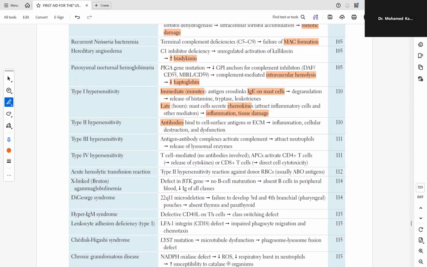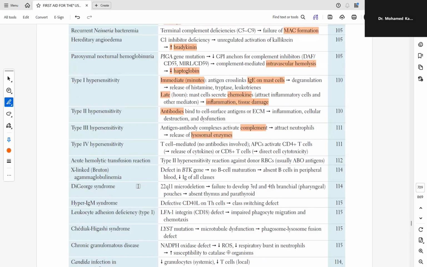Yes, like I said, leading to inflammation, cellular destruction, and dysfunction. Type 3 hypersensitivity: antigen antibody complexes activate complement, attract neutrophils, and release lysosomal enzymes. Type 4 hypersensitivity: T cell mediated, no antibodies involved.